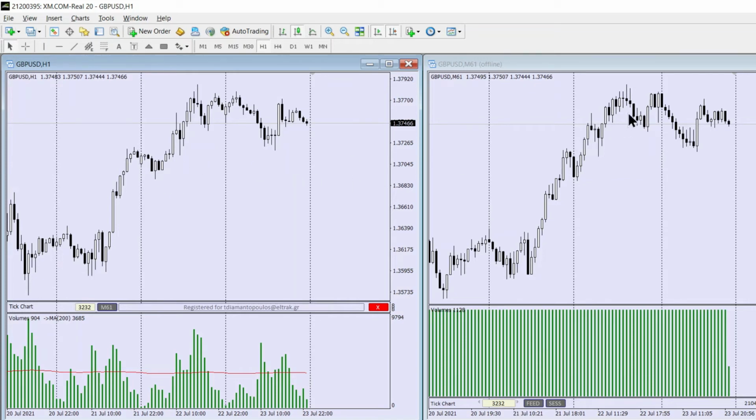As you can see, there are some differences here. First of all, look at the volumes. This is the time, this is the constant volume. And then look at this area here, how it looks in a tick chart. And why is that?